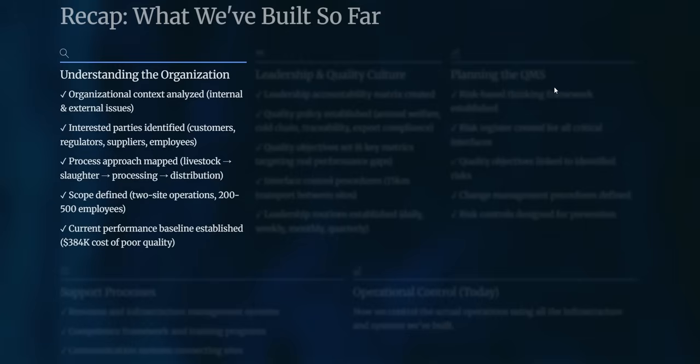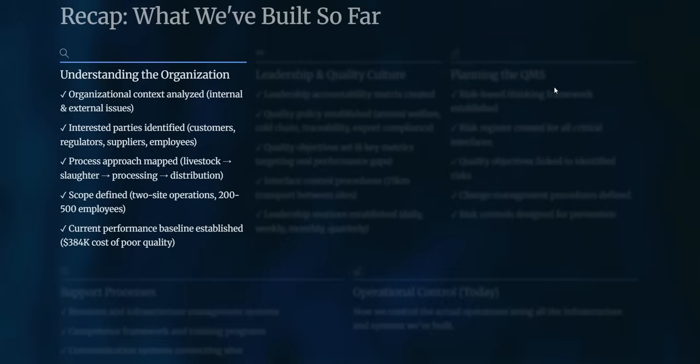We have also mapped our process approach from importing or receiving livestock to slaughtering operations, to secondary processing, and to distribution. And we have defined the scope, covering 2 sites with 200 to 500 employees. And we have established the current performance baseline, which is at 384,000 USD of poor quality.